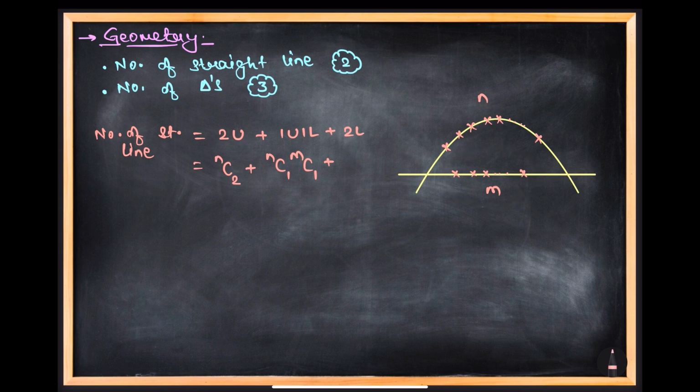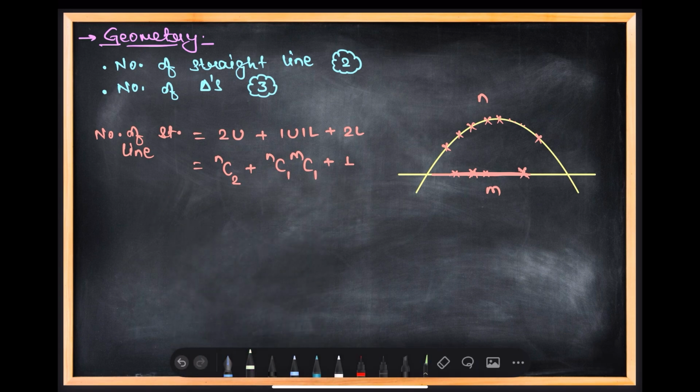Just think about these 2 points, this point and this point. Which line will you have? The same line. If you take this point and this point, you will have the same line, same line, same line. Okay, so in every case we will have exactly one straight line. So the total number of straight lines would be this. I hope you understood the concept.